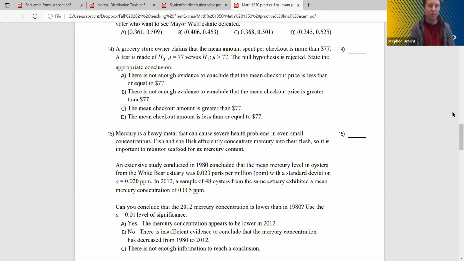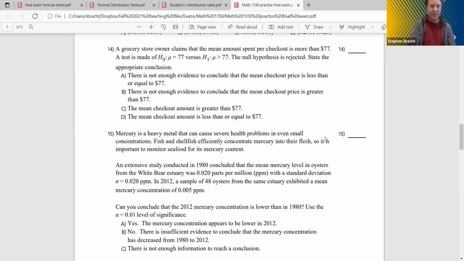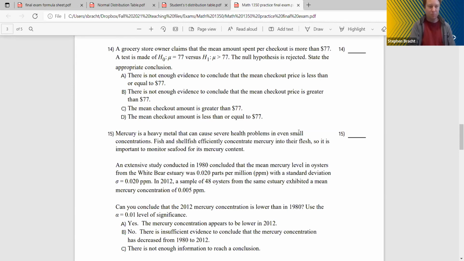State the appropriate conclusion. So if the null hypothesis is rejected, that means the alternate hypothesis is accepted. The alternate hypothesis says that the mean checkout amount is greater than $77. So you would just choose C as your answer. And that's it. Okay.